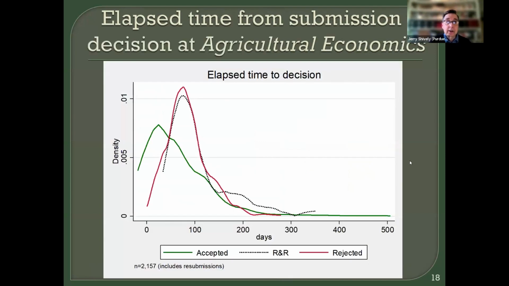I spent 10 years as the editor of the journal Agricultural Economics, and here's a chart of data from the time that I served as editor. It includes about 2,000 articles that were submitted to the journal. The green line shows papers that were accepted, the red bar, papers that were rejected, and the dotted line is those that were invited to revise and resubmit.